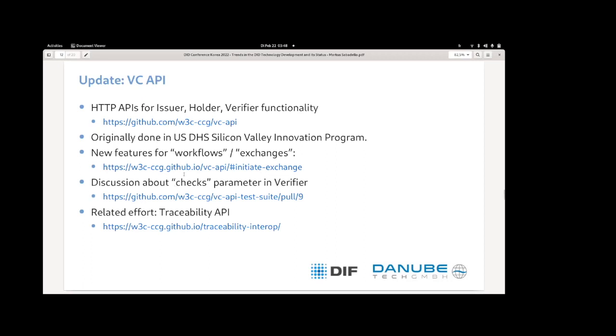Another discussion that's happening here right now is if this API, when you use it for verifying, should just check a very small set of aspects of the verifiable credential, like for example, should it only check the signature and the expiration date, or should this API also be able to verify and validate many more parts of a verifiable credential? So there's some discussions, some improvements happening to this, but I thought it was also interesting to have a slide about this, since it's being used quite a lot.